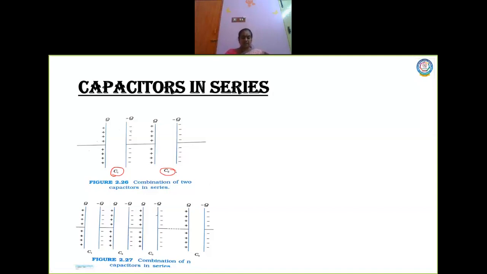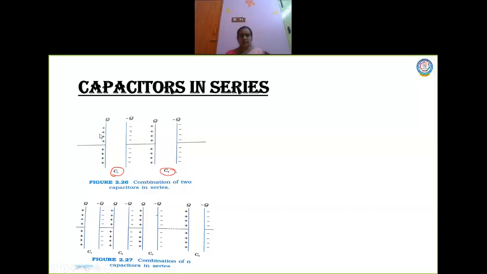Now they are connected to the terminals of a battery. So imagine that the battery is not shown here. This plate is connected to the positive terminal of a battery and this plate is connected to the negative terminal of a battery. Okay, and if it is connected, this will have charges plus Q and minus Q. Yes, of course.